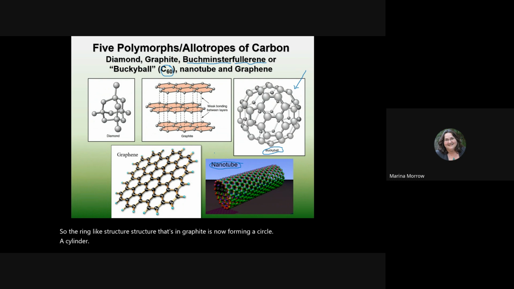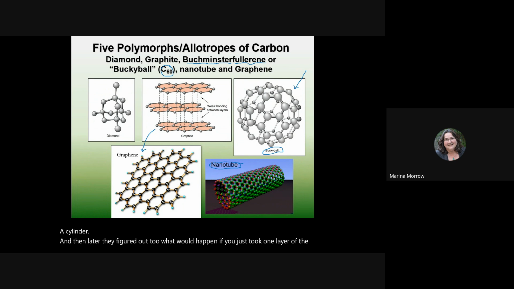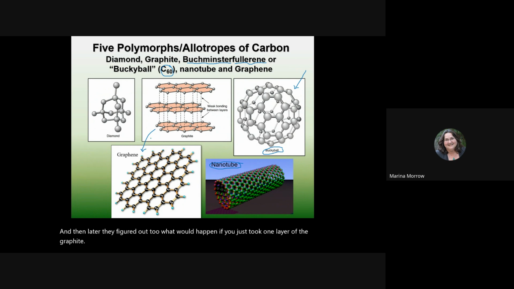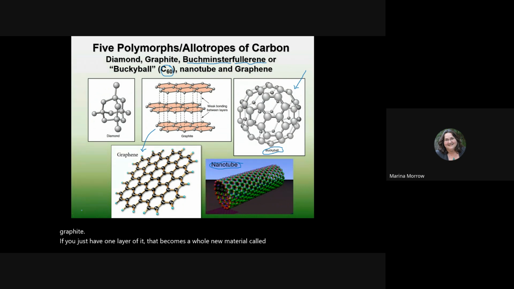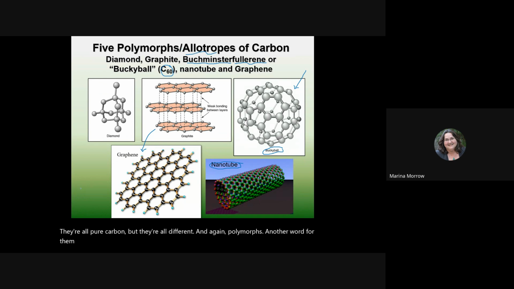And then later they figured out too, what would happen if you just took one layer of the graphite? Well, if you just had one layer of it, that becomes a whole new material called graphene. Now, all of these materials have different properties. They're all pure carbon, but they're all different. And again, polymorphs, another word for them is allotropes.